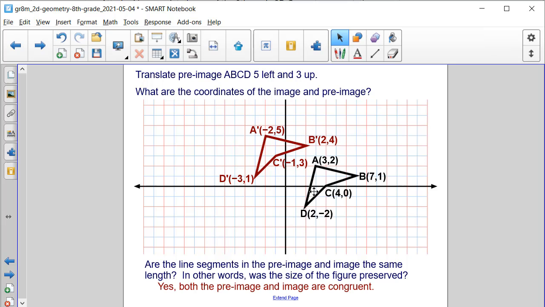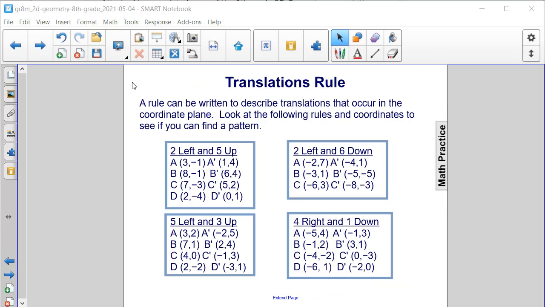And here we can see more clearly that our pre-image and image shape are indeed the same. And we also have both the X and Y coordinates for both in here. And because the side lengths and angle measures are the same from both the original to the new figure, the figure has indeed been preserved, or the pre-image and image are congruent to one another.